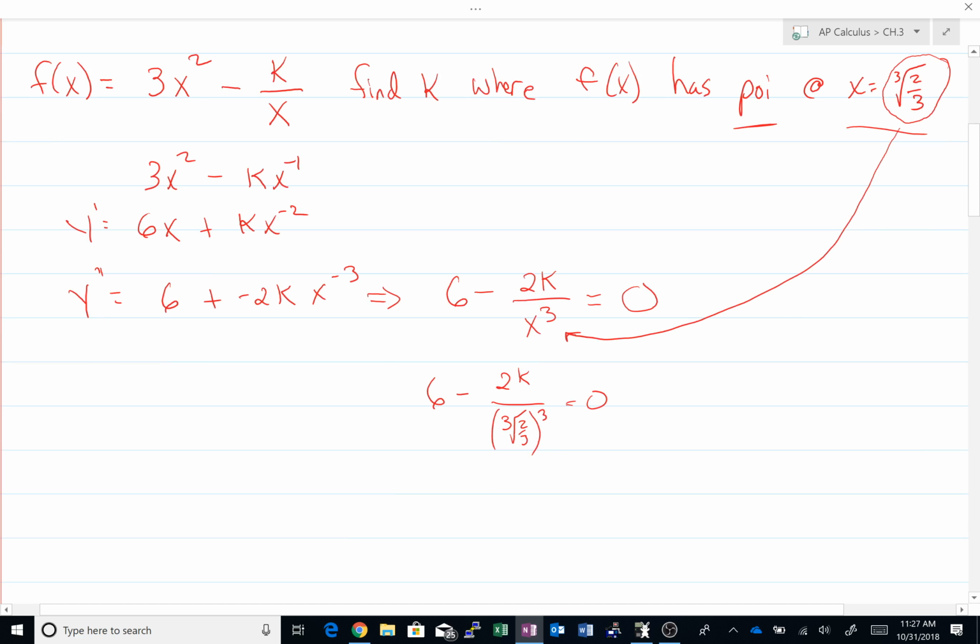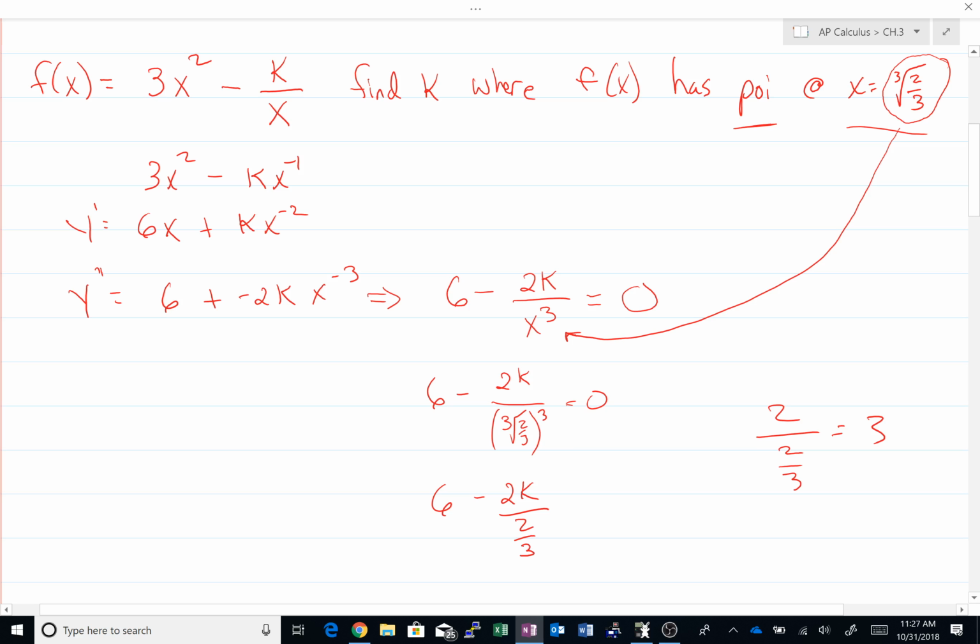Now I'm just going to solve for k. Well, the cube root of something cubed, they kind of cancel. That's just 2/3. And what's 2 divided by 2/3? 3. Hopefully y'all can just see that. 2 divided by 2/3 is 3.